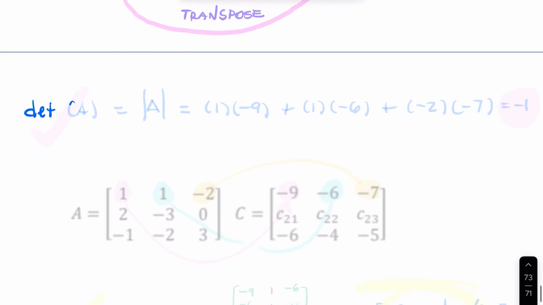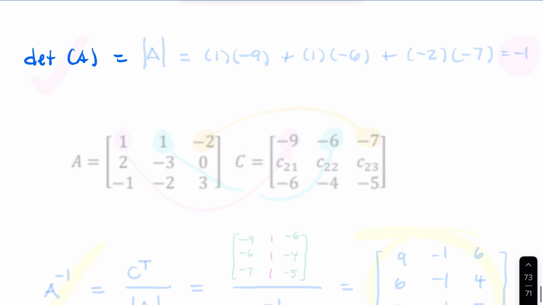So the determinant of A, which is also written like this, we can find by multiplying the corresponding cells of A and C. So I can do that straight from the information given in the question. So I'm going to copy that from the question.